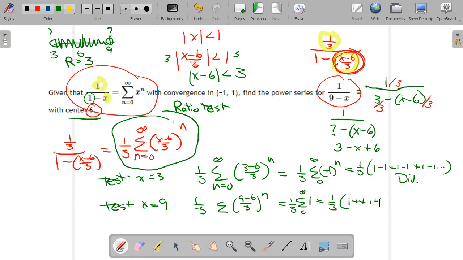What's this doing? Definitely diverging. It's making it bigger and bigger and bigger. Okay, so it diverges at each endpoint. So now we know for sure, those are open circles at the endpoints. It diverges there at the endpoints, but converges inside.